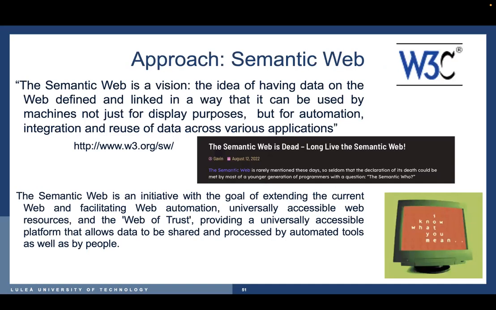And in the second module, we will be talking about technologies which were developed and suggested many years ago, actually, under the initiative called Semantic Web.